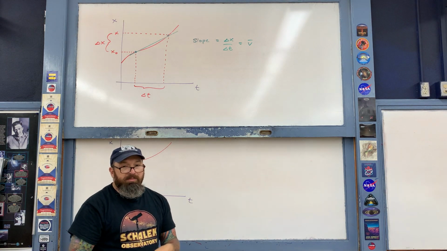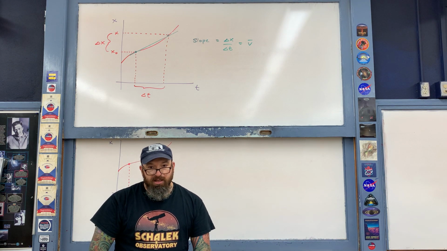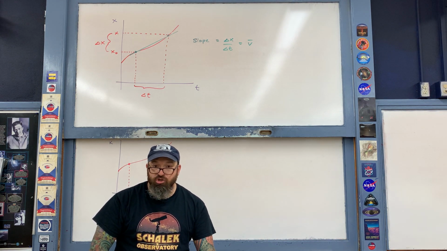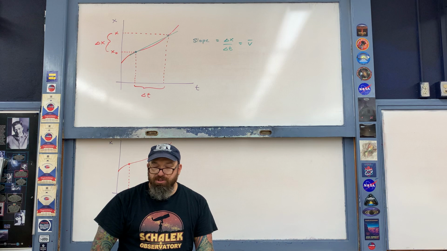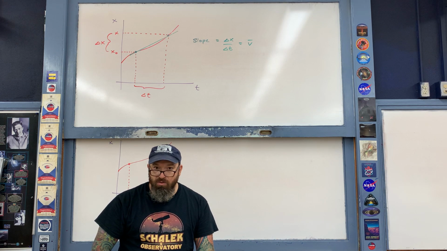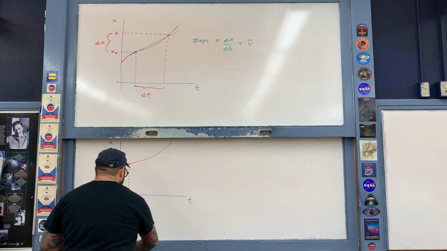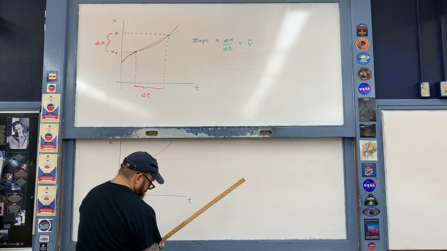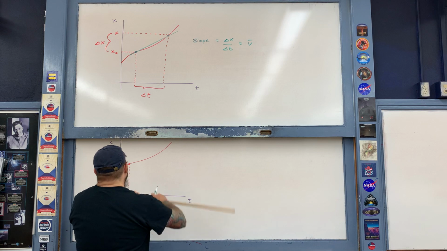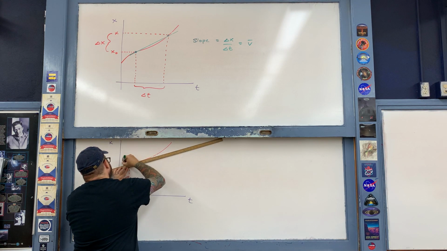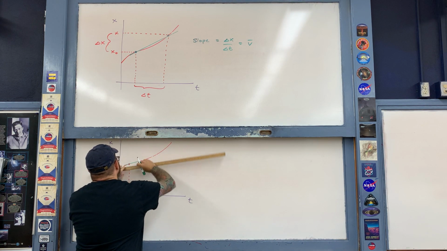Well, it's once again going to be the slope of a line. But in this case, it's the slope of a line that is tangent to the curve. In other words, it only intersects the curve locally at that point. That looks like this. Like so.